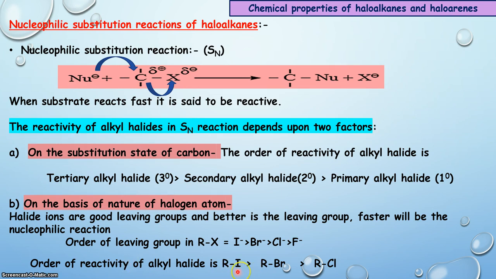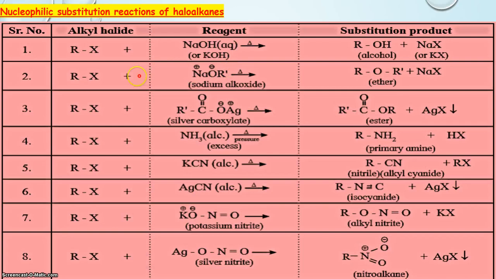Therefore, alkyl iodide bonds break easily, while we require more energy to break the carbon-chlorine bond. Fluorine forms the strongest bond with carbon among all the halogens, and therefore it is the least reactive under ordinary conditions. These are some important nucleophilic substitution reactions of alkyl halide.